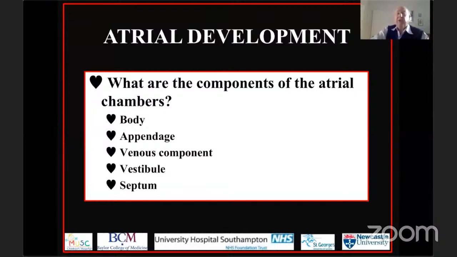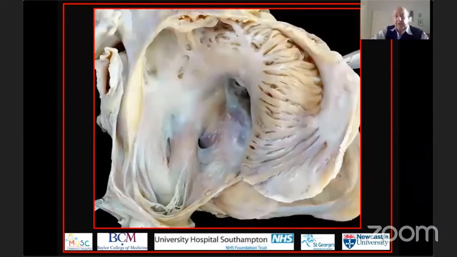The appendages are particularly important because, as you know, it is the appendages that give the chambers their morphologic identity. Then we have the venous components, another part that might be new to you, the vestibule. I'm going to show you where that comes from, and of course, the septum. So we're going to finish off by considering how the atrial septum develops so as to divide the right from the left atrium. But let's look at the definitive part first, to understand where we find these different components.